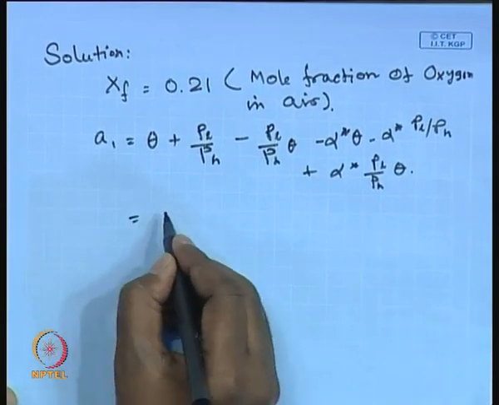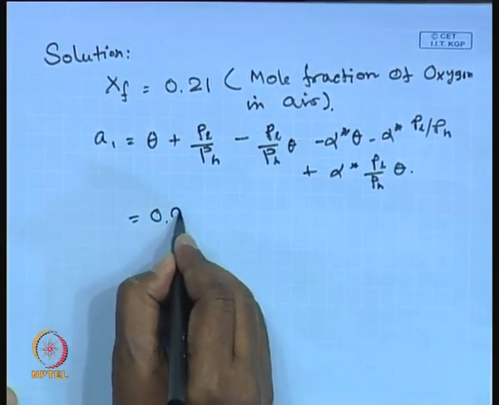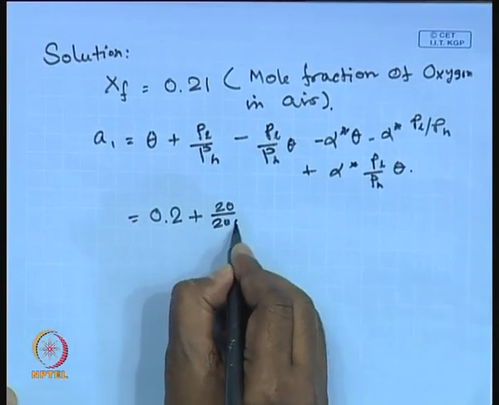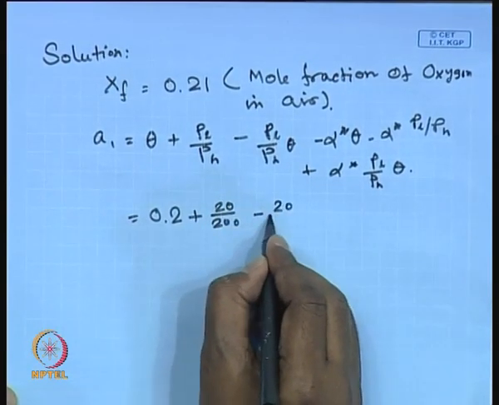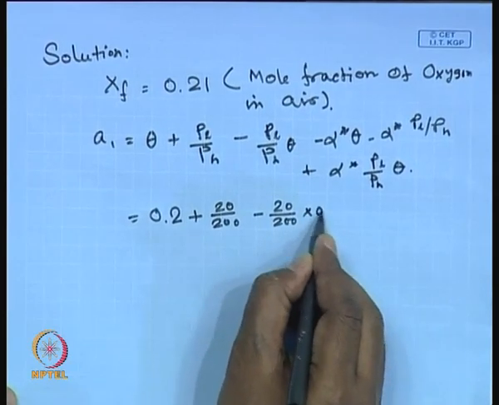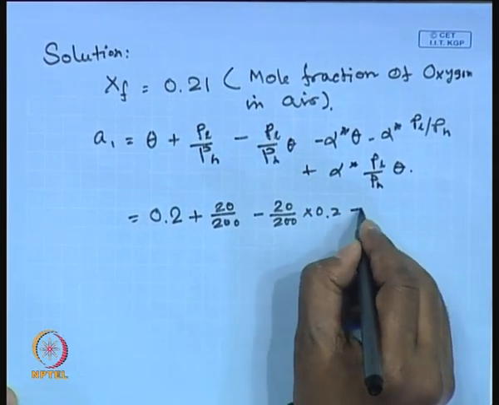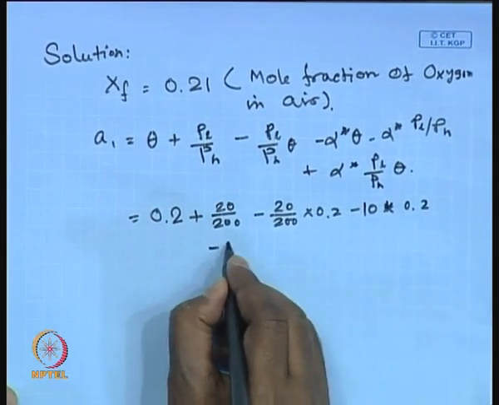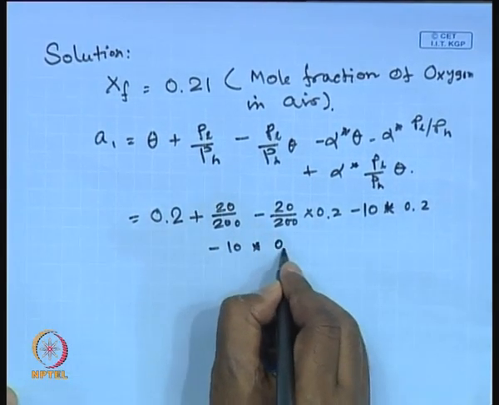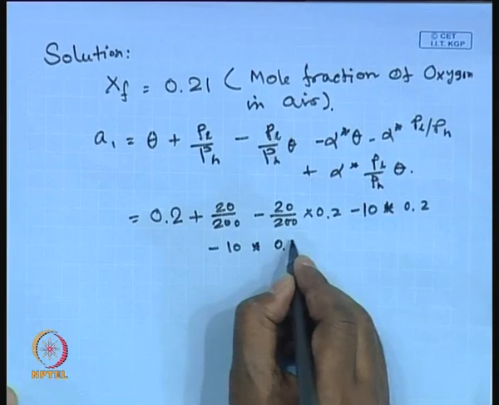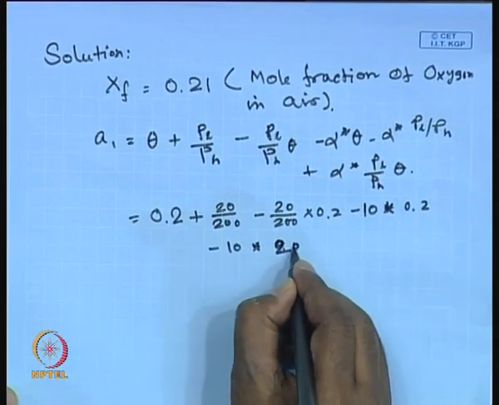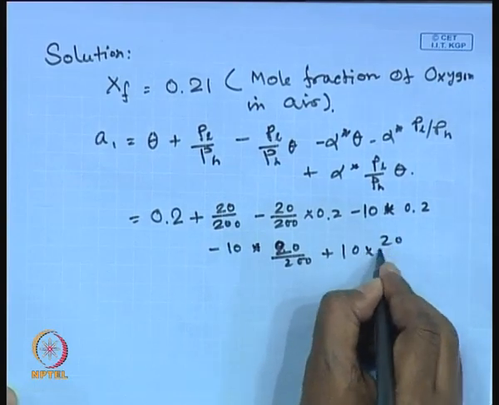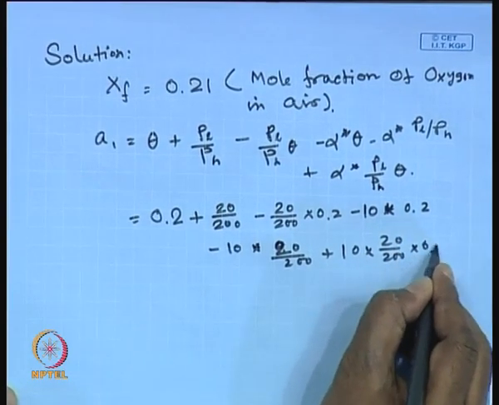So, if you put various values, this turns out to be 0.2 plus 20 by 200 minus 20 by 200 into 0.2 minus 10 into 0.2 minus 10 into 20 by 200 plus 10 into 20 by 200 into 0.2.